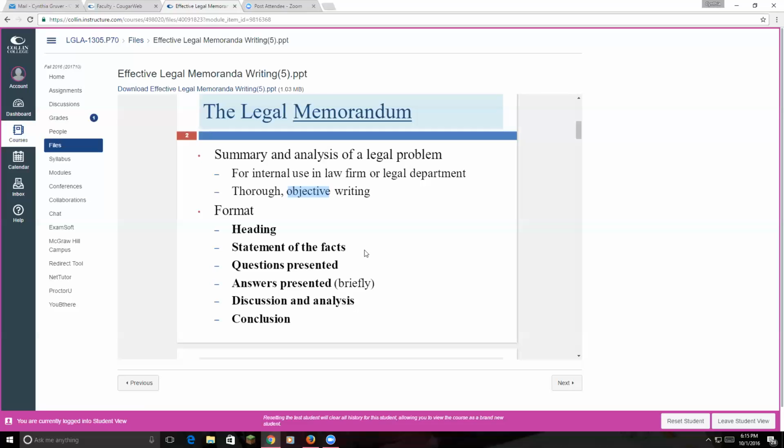A style book will talk about things like fonts and margins and things like that. Since this is a document that isn't ever going to be filed with a court, you don't have to worry about following any kind of local rules or any local practices that might apply in your jurisdiction if you were filing this document in court. So you really have a lot of flexibility to follow the style book in your particular firm if something like that exists.